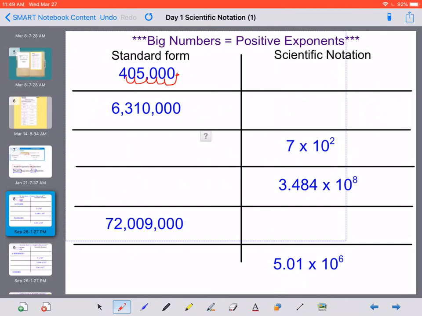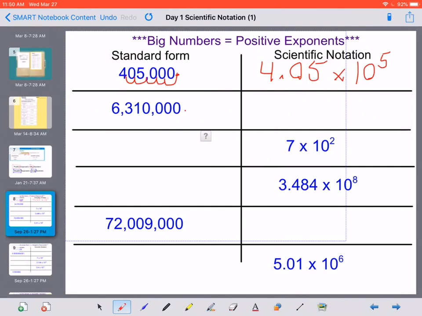So that's right behind the 4, because I know I need it to be between 1 and 10. So now if I put my decimal point there, it has 4.05. And we went 1, 2, 3, 4, 5 spaces, so times 10 to the fifth power.